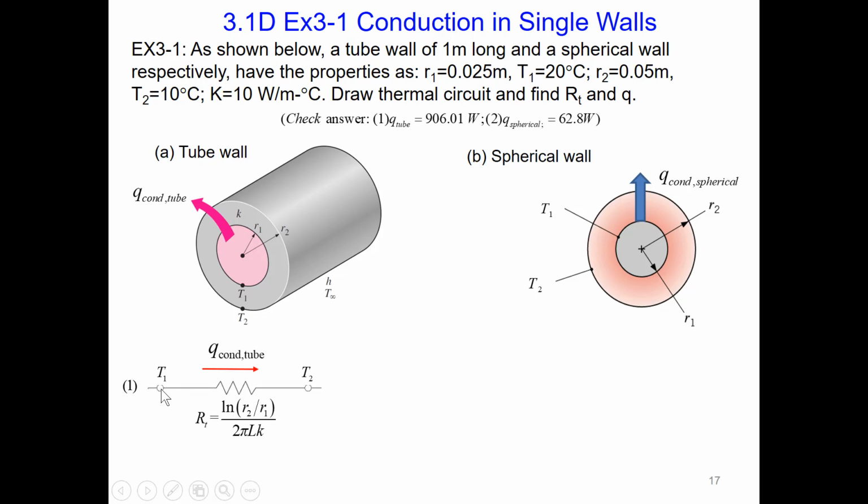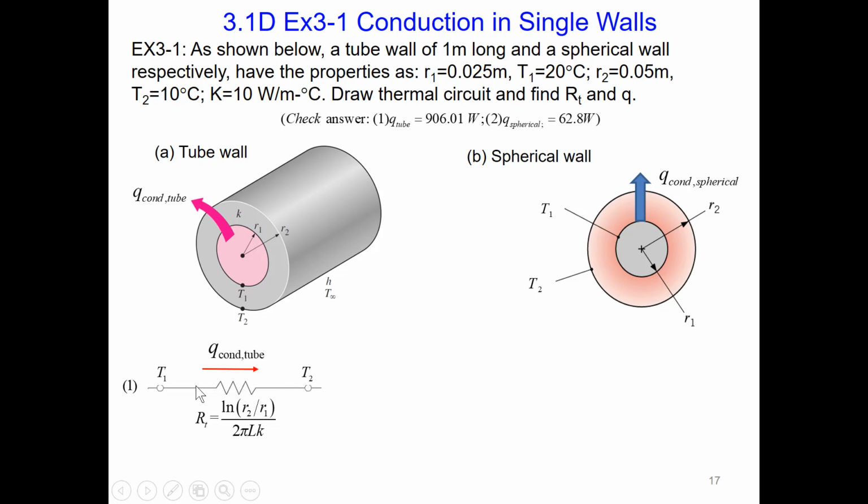We start with a high temperature at T1 using the empty dot. Draw a straight line, then draw the zigzag to represent the thermal resistance. Then draw a straight line, and then draw an empty dot to represent temperature T2 at the surface.